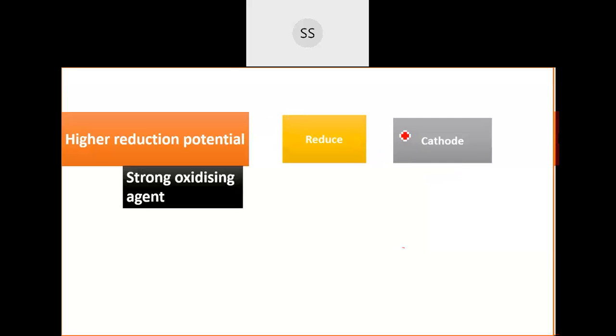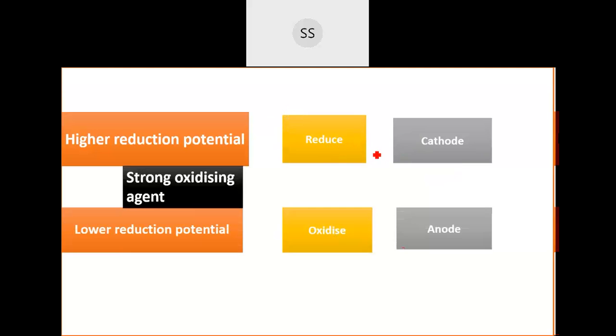Positive values mean they will easily undergo reduction. Negative values, you can remember in that way: the more negative the value, the more easily they can lose the electron. So here I will give you a few values. You have to tell me which is the strongest reducing agent. Zn2+ to Zn, the value given is minus 0.76.